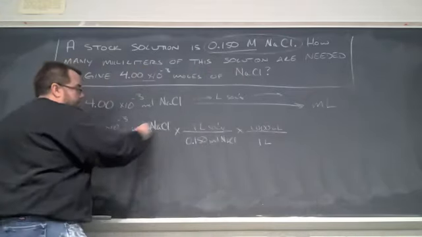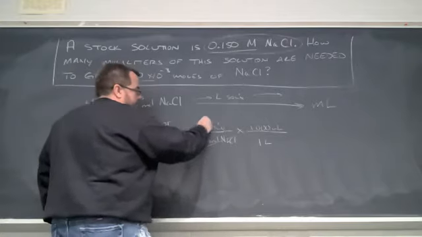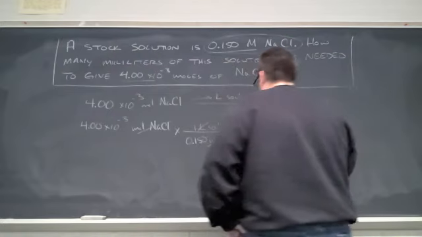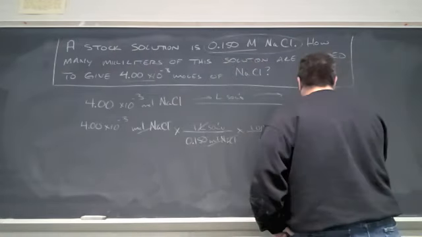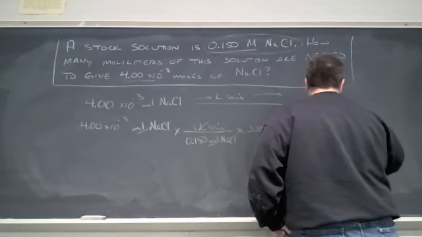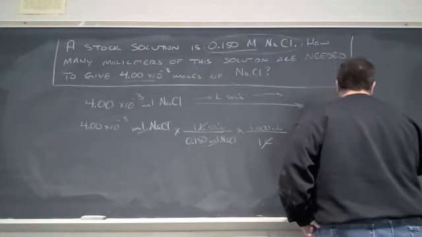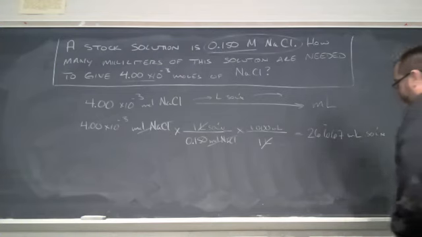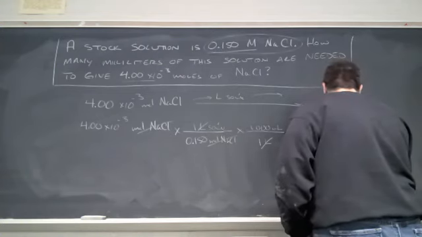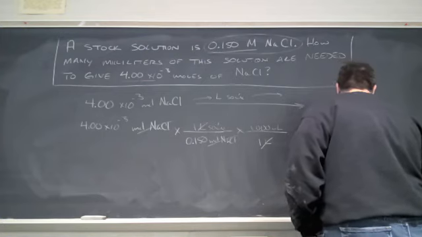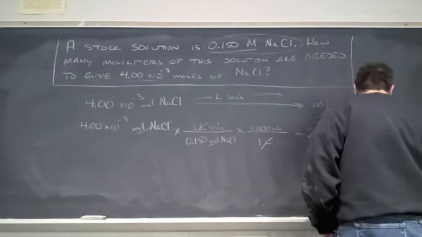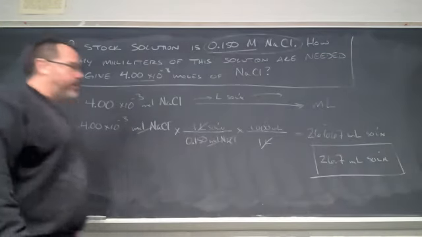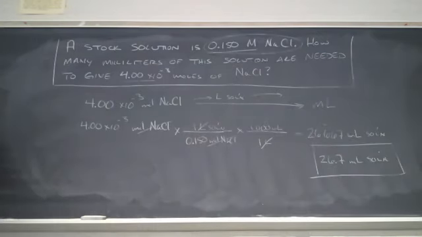So now our moles of sodium chloride cancel, our liters cancel, and you can put that in your calculator. And you get 26.66667, or 26.7 milliliters of solution.